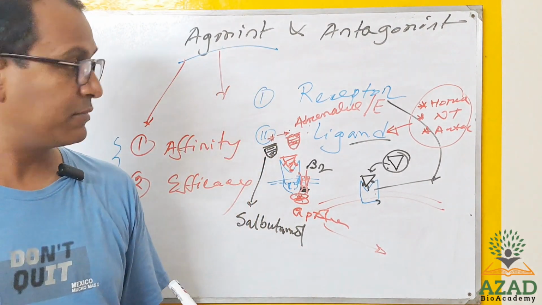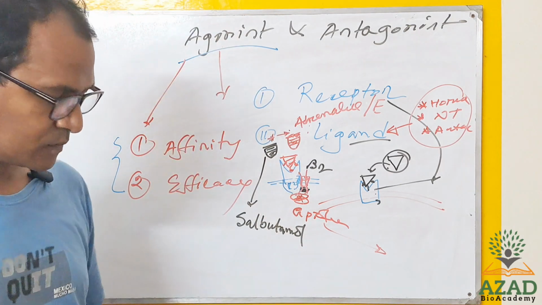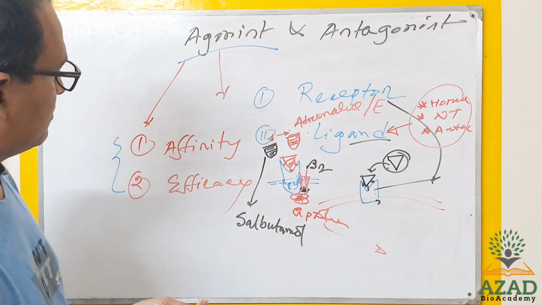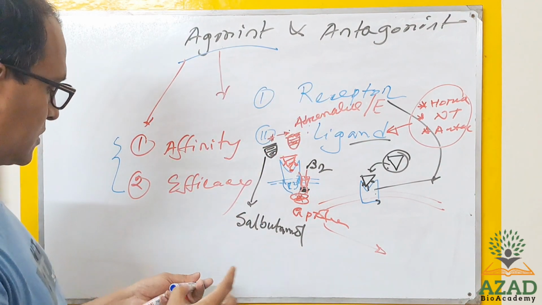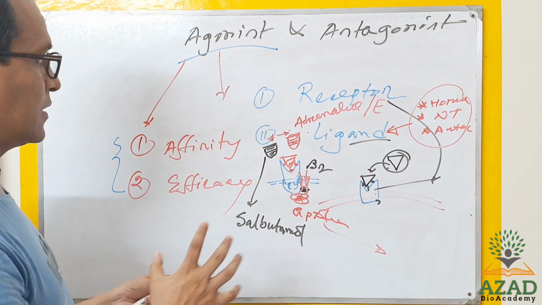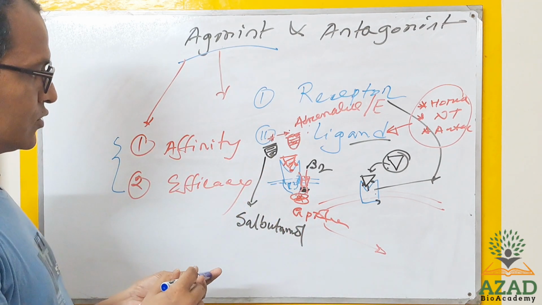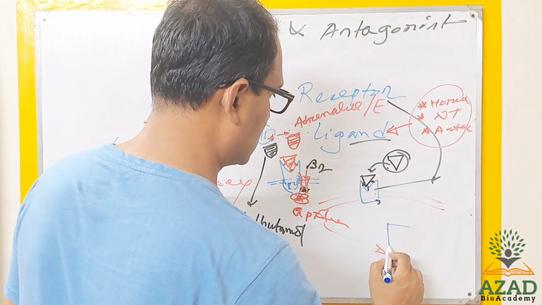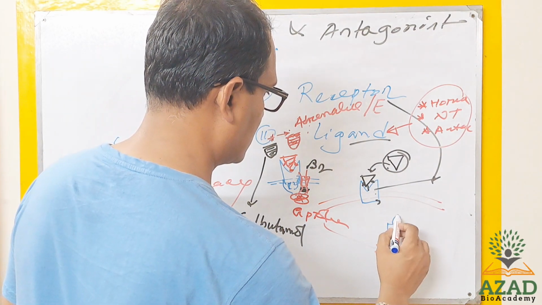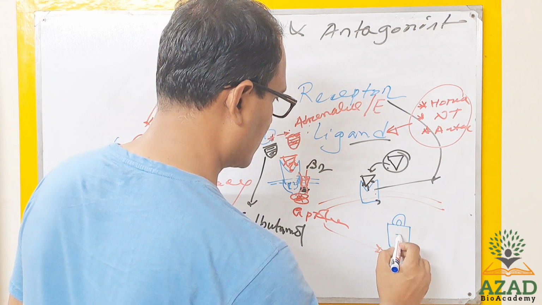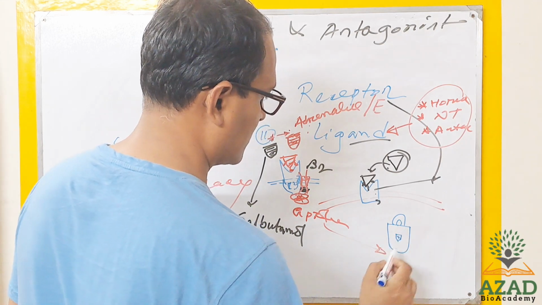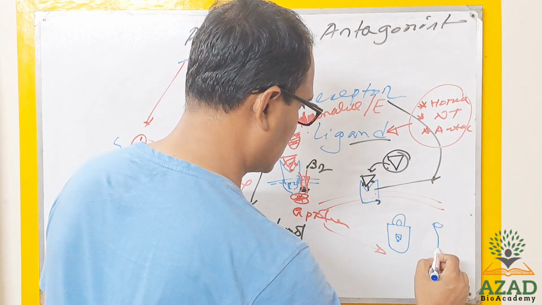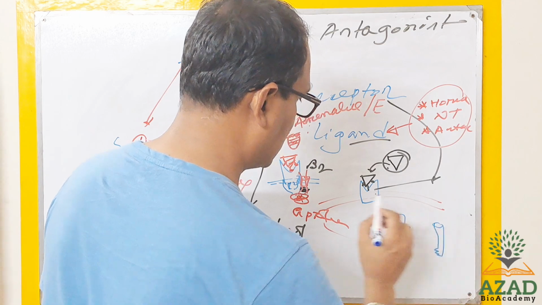So an agonist has the ability to change the conformation and has affinity toward the receptor. I'm just trying to explain by the lock and key theory, that would also be easier. So suppose you think this one is a lock, and this one is a key.